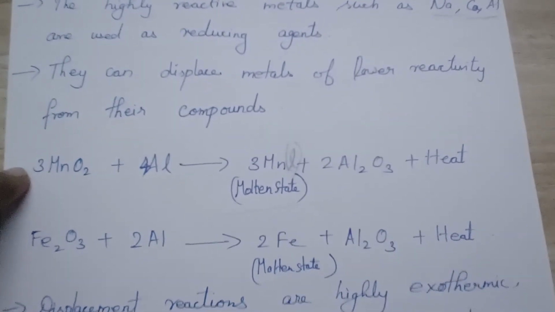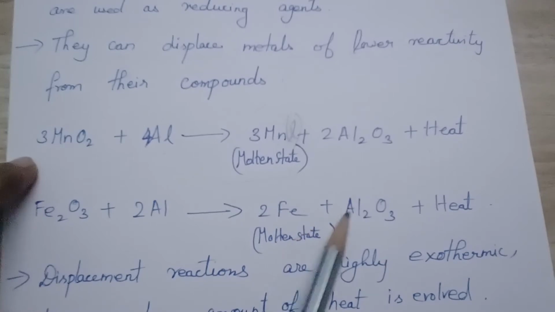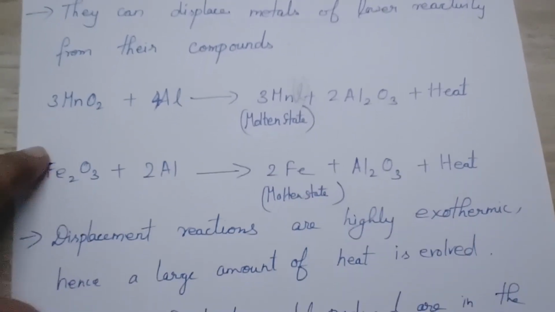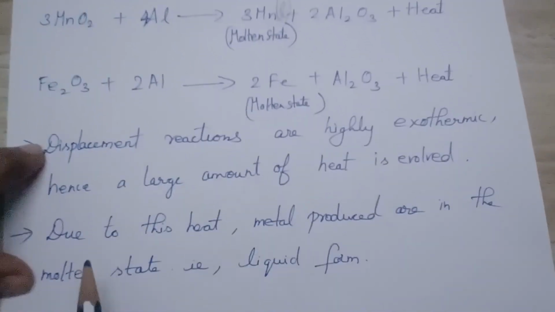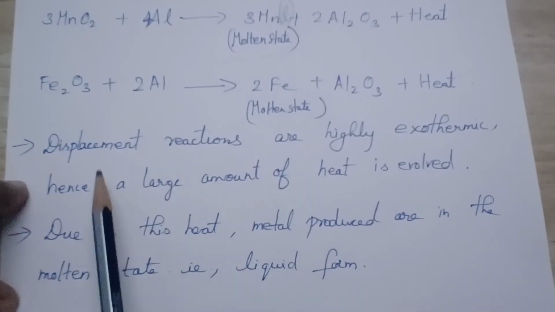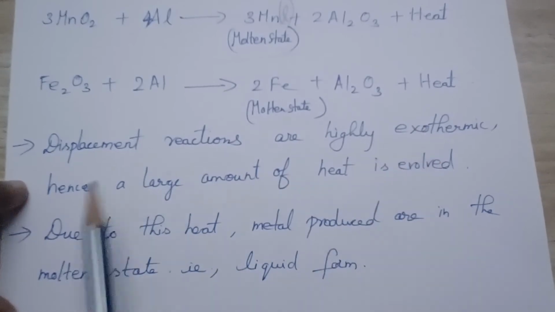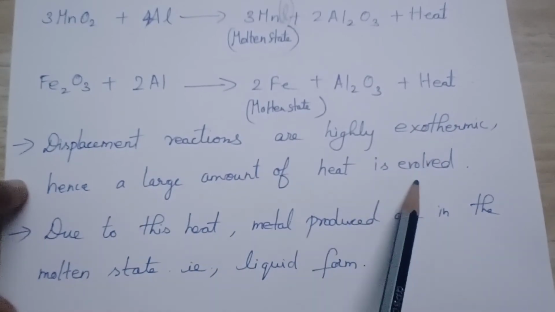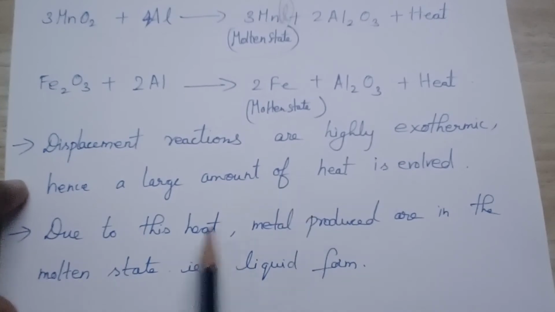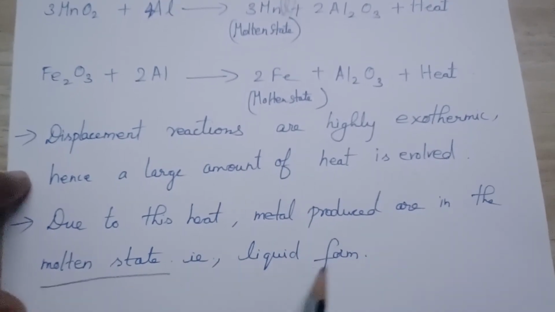Likewise, iron 3 oxide plus aluminum gives iron in the molten state plus aluminum oxide plus heat. Displacement reactions are highly exothermic, hence a large amount of heat is evolved, and due to this, the metal produced is in the molten state, that is, in liquid form.